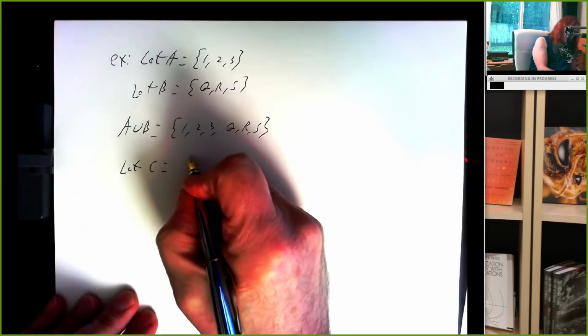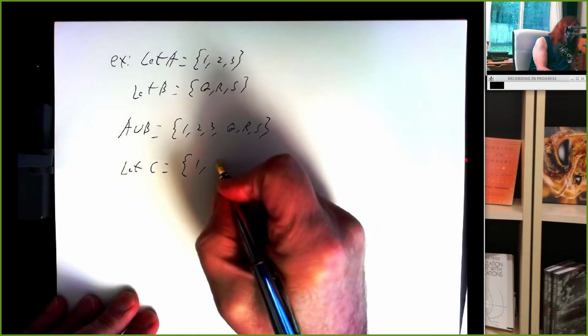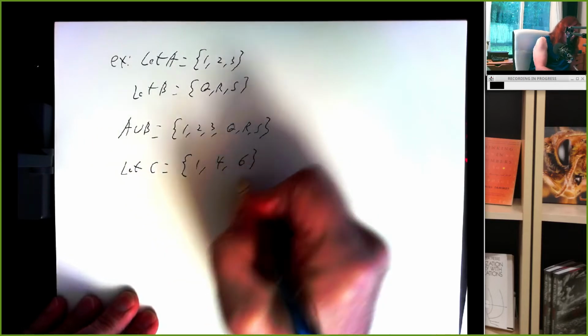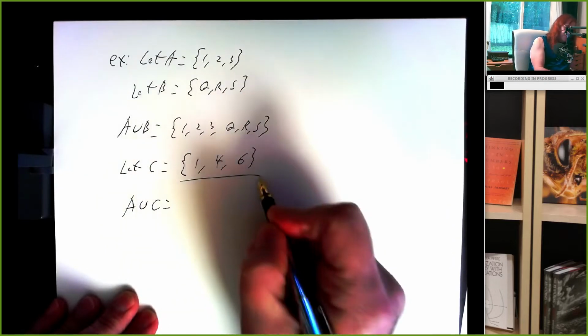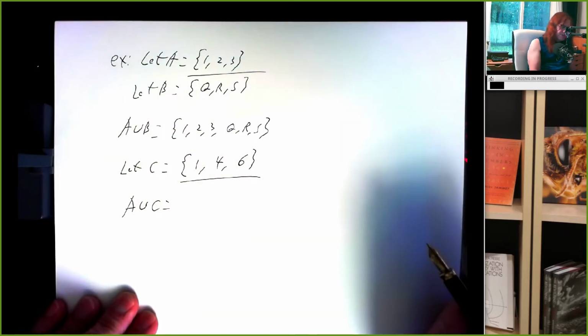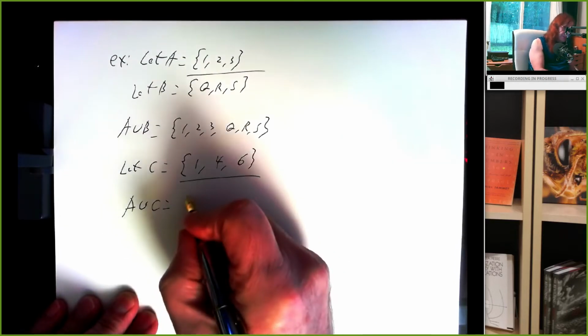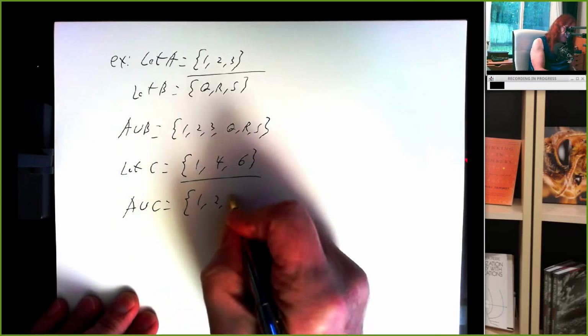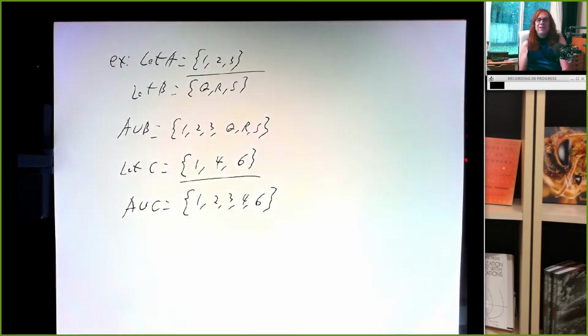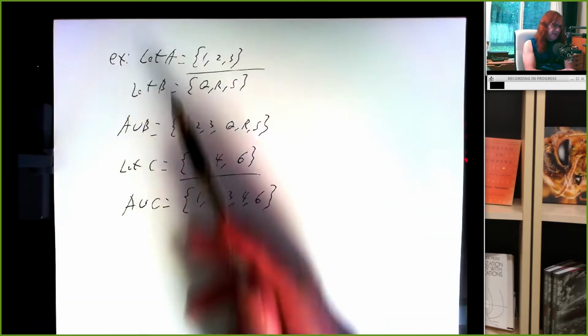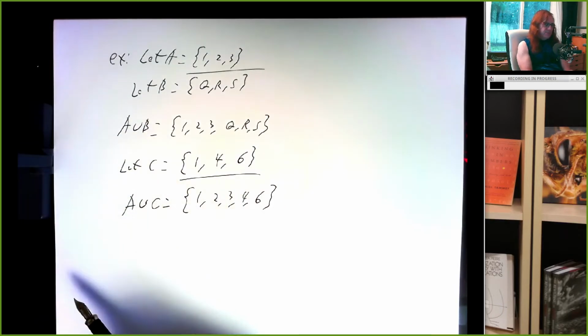The one thing you might need to be careful of: suppose C is the set 1, 4, 6, and A is still the set 1, 2, 3. A union C could be this set. It only contains 5 things. It does not contain 6 things. There's a 1 in A, so there's a 1 in the union.